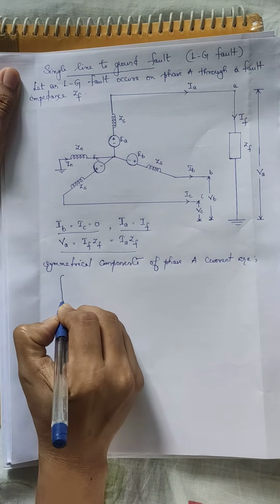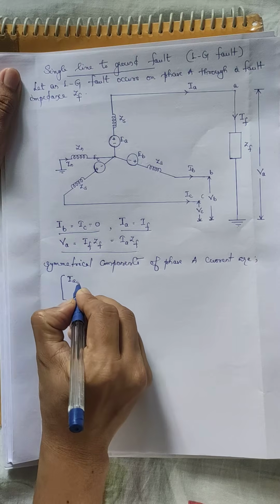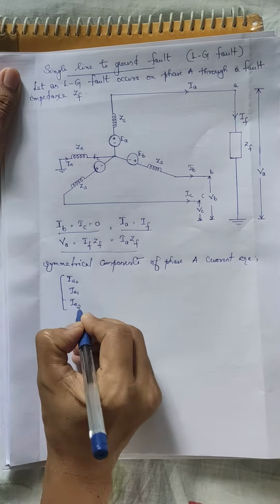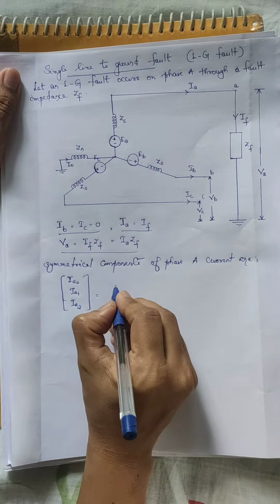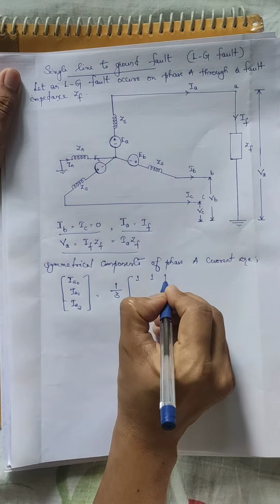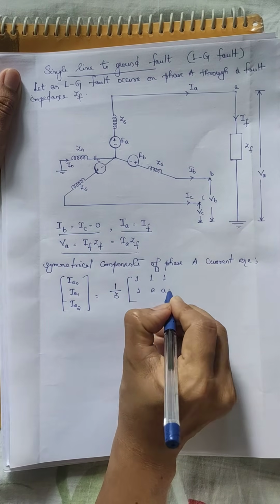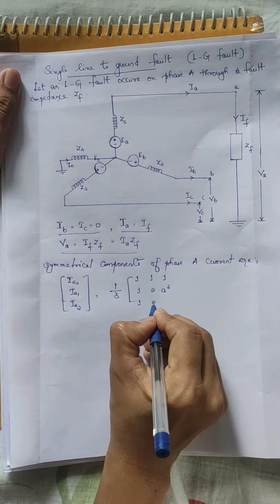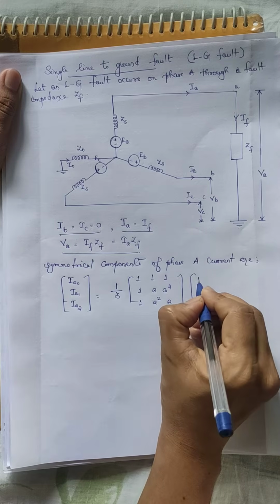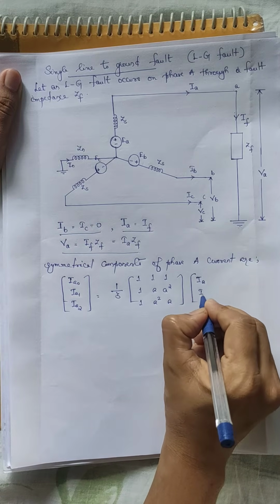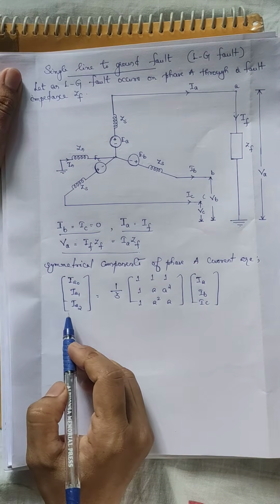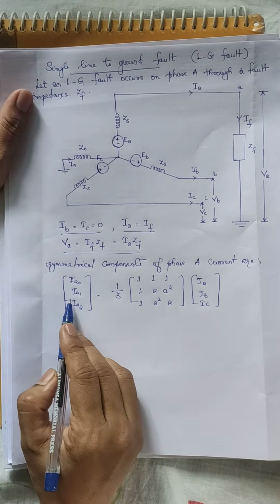So using the matrix equation, we can write IA0, IA1, IA2 is equal to 1 by 3 into the matrix [1 1 1; 1 A A square; 1 A square A] into the phase currents IA, IB, IC. So this is the equation for calculating the symmetrical components of current.